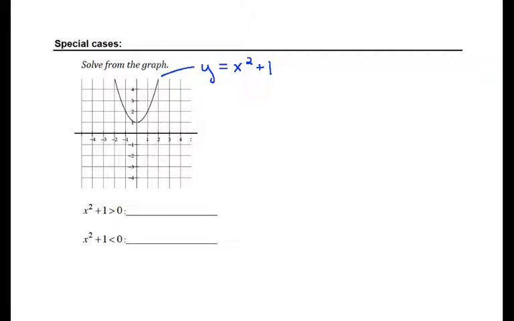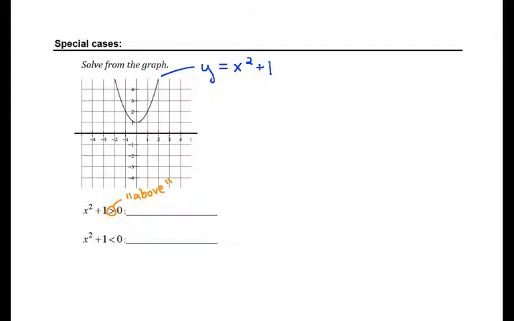Just thinking about this by methods of solving graphically, remember that we interpret a greater than symbol as the word above. And so this is asking us for what values of x is that parabola above the x-axis.